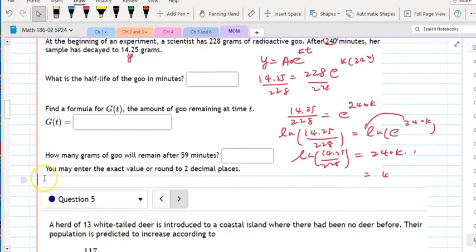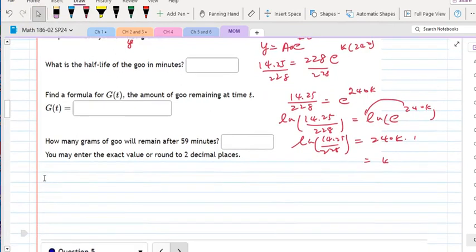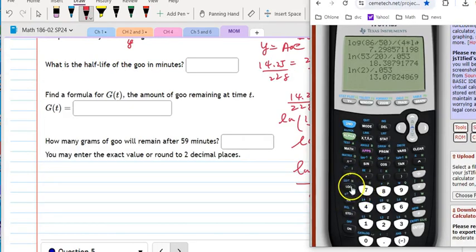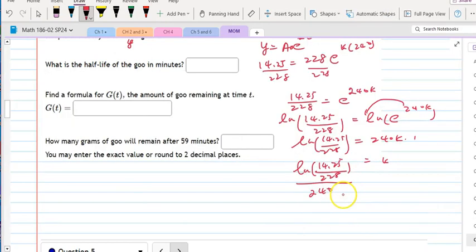So after we divide, it would be ln of 14.25 over 228, and then the whole thing divided by 240. Okay, so this is ln. We want ln, is it ln or log?